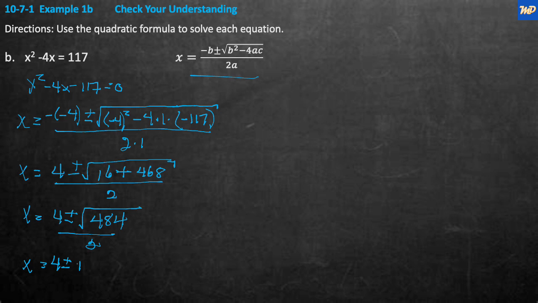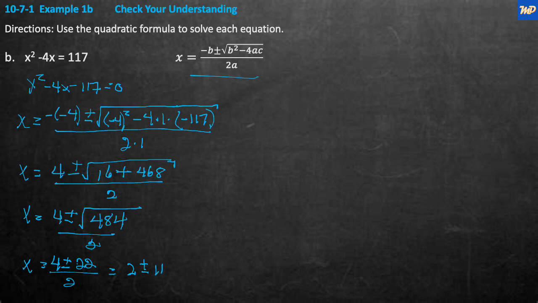No, it's 22. I was jumping the gun. Over 2. And that equals 4 divided by 2 is 2, plus or minus 22 over 2 is 11.